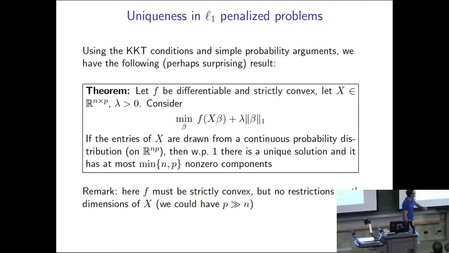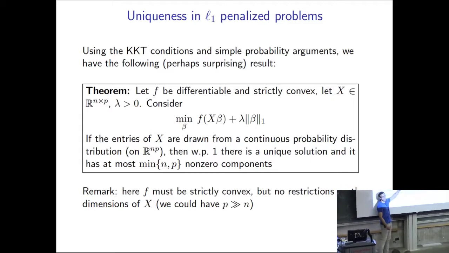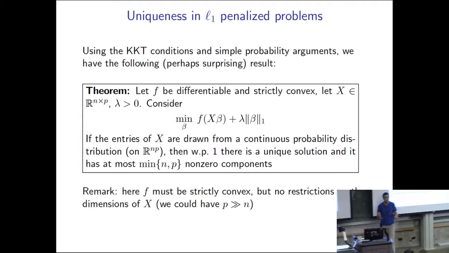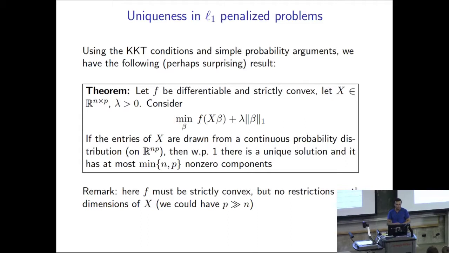So this property is called saturation of L1 regularization. You can't get more than min(n, p) non-zeros in the solution. Okay. So this is, I think, to some might be kind of a surprising fact. To others, it may not be so surprising. I guess it depends on how familiar you are with L1 penalization.